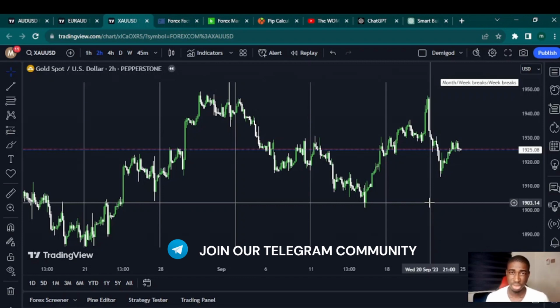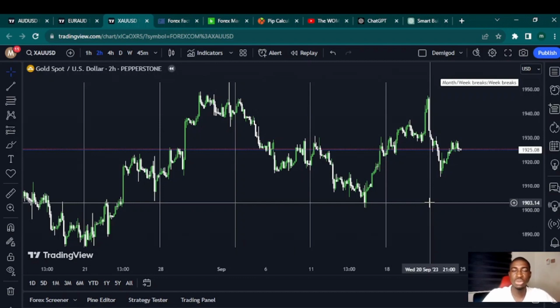But not as if that particular strategy is a very bad one. It's okay, but sometimes you get to see price not come back to mitigate you in. You also get situations whereby price comes back and wicks you out, hits your stop loss, before price then goes in your direction.